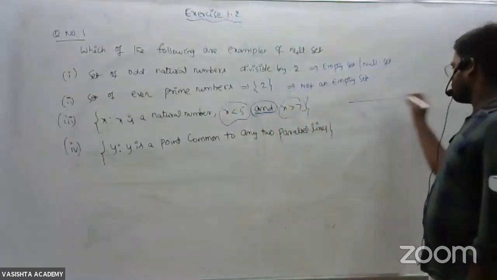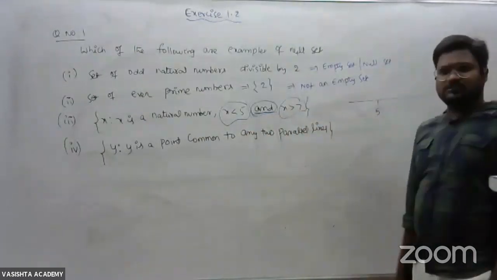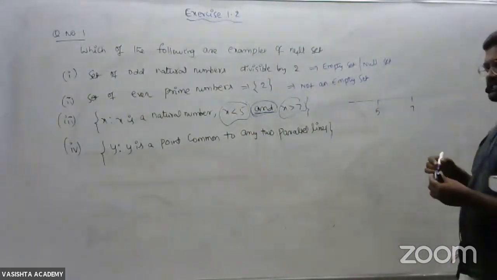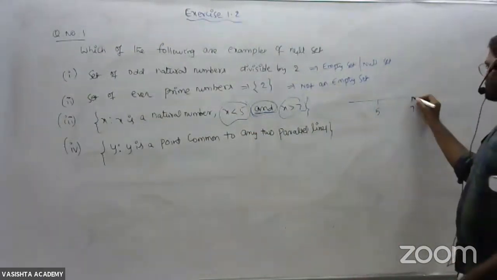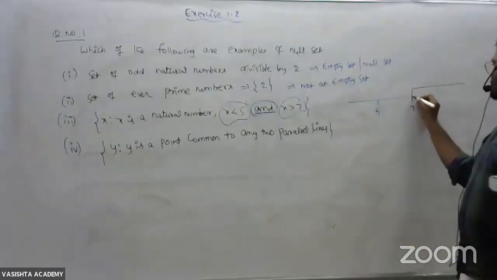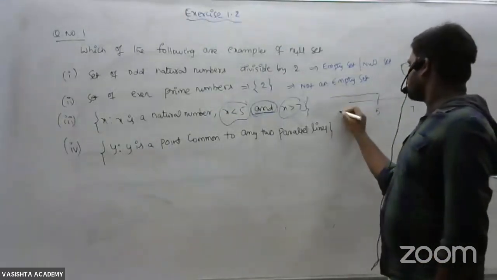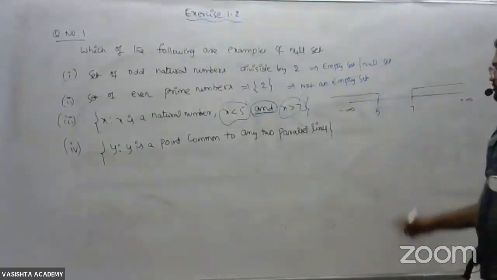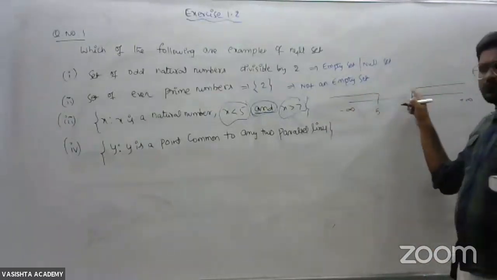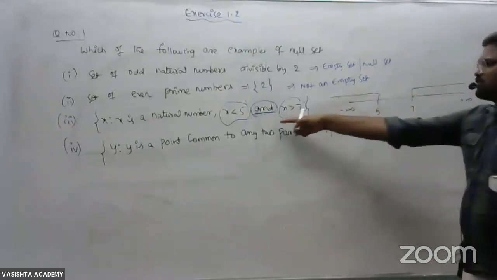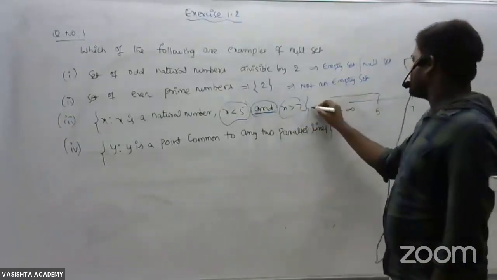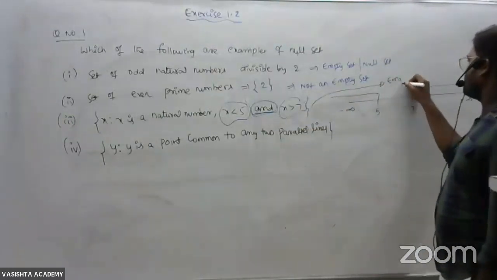Simple logic. If you draw the real number line, this is 5, this is 7. Greater than 7 means this side towards plus infinity, isn't it? Less than 5 means towards minus infinity. Are these two lines overlapping? No. So there is no common region for these two. So definitely this is also empty set.